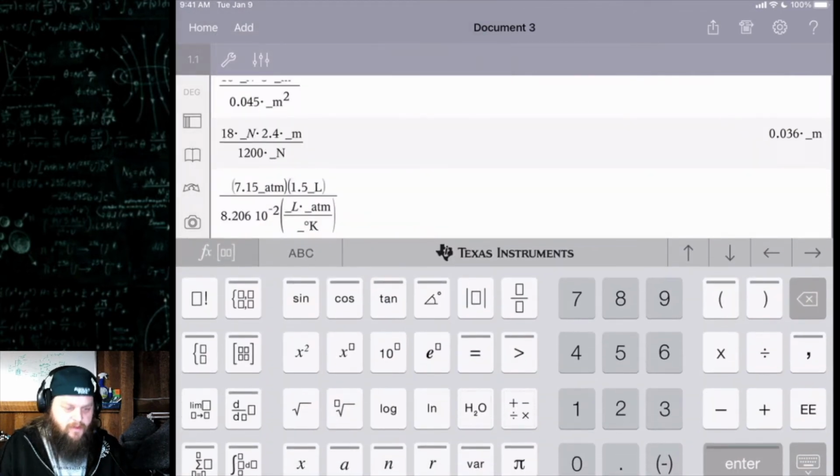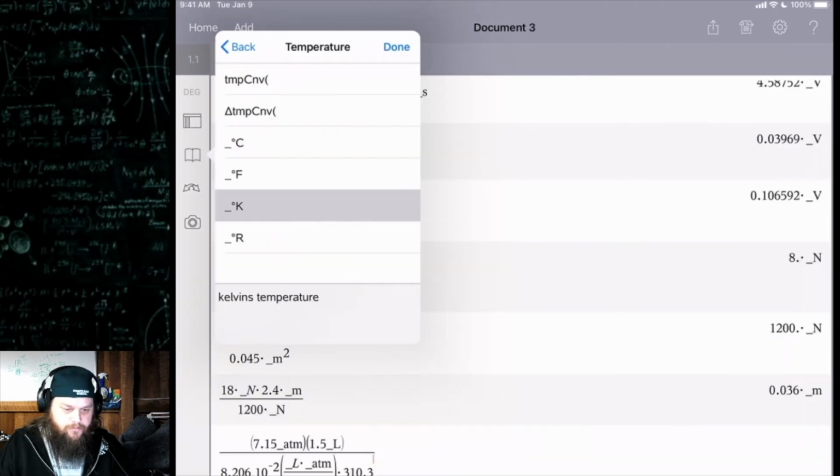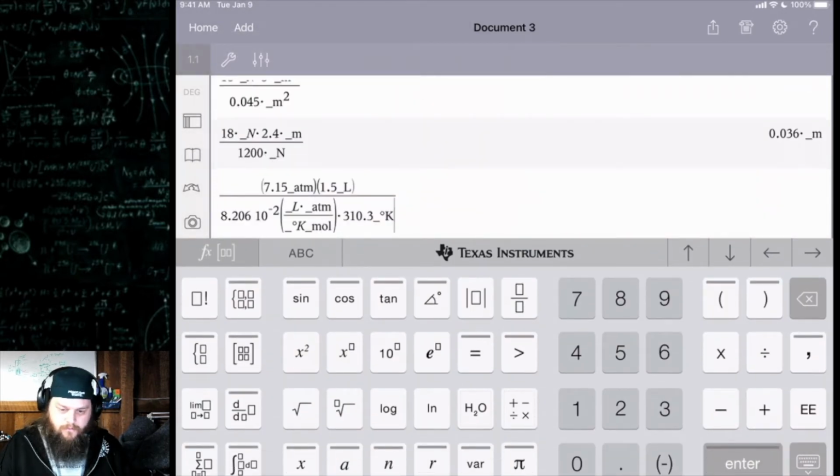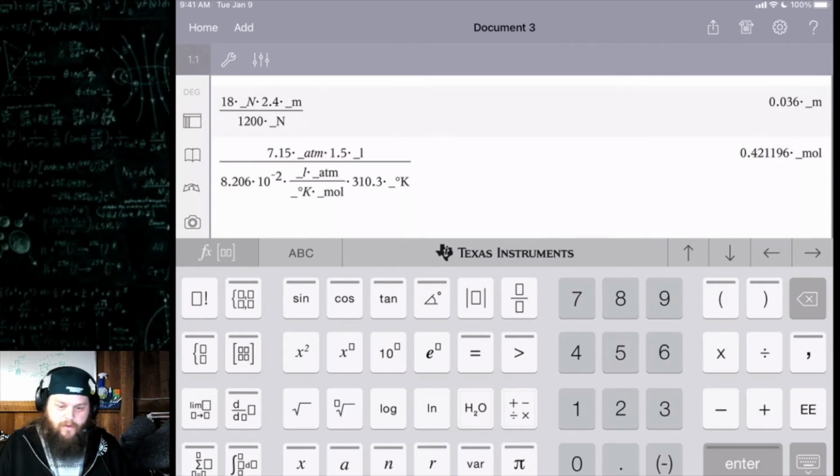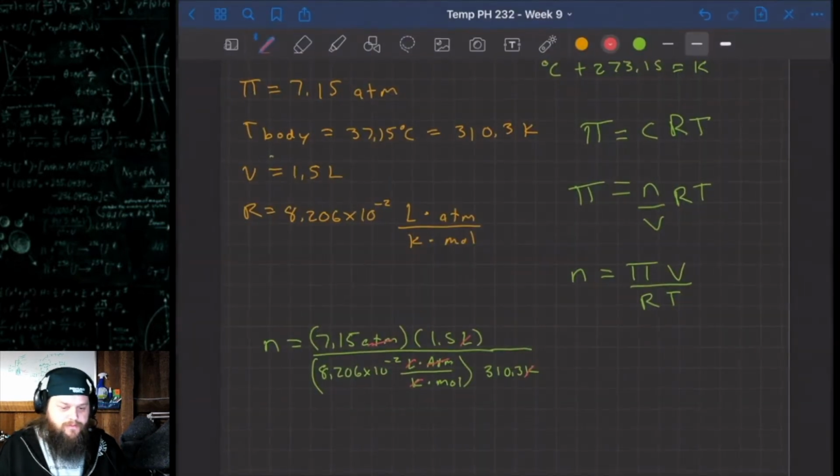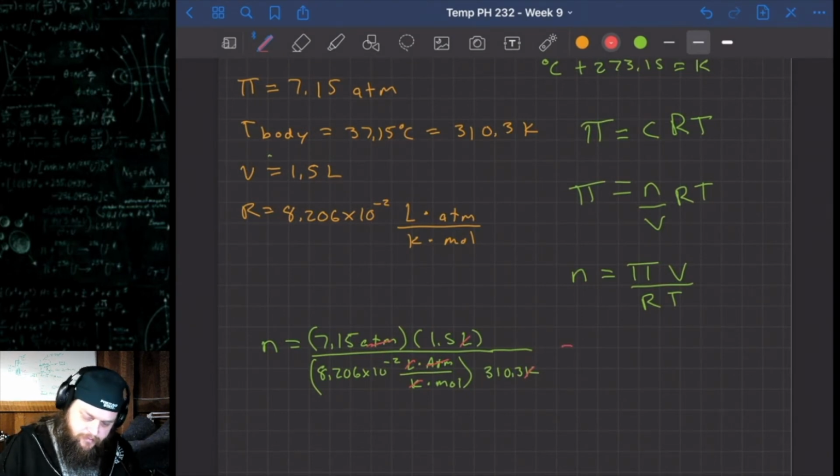Don't ask me why this puts a degree on Kelvin, but we'll take it, per mole. And we have to multiply that now on the bottom by 310.3 Kelvin. And that's 0.421196 mole. So let's go to 0.4212 moles.